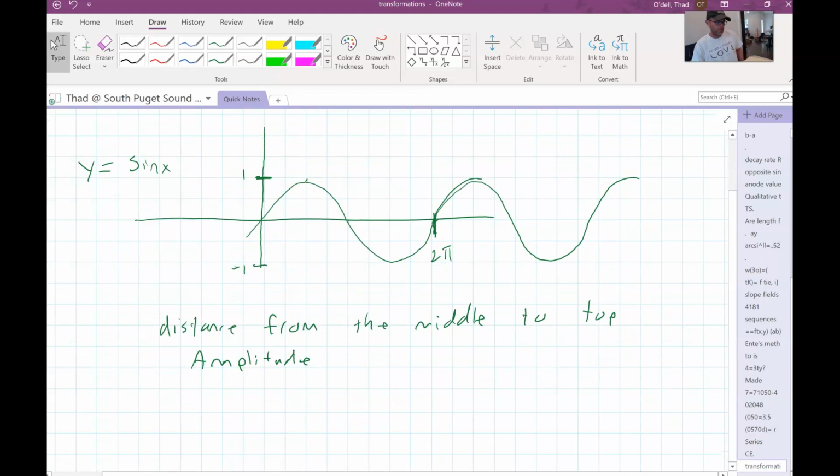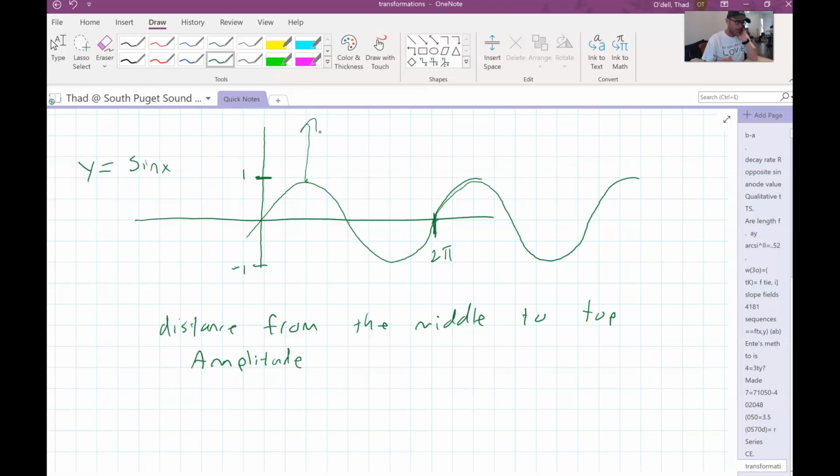Now, when we say amplitude, for example, if you think back to your pre-cal 1 days, what could make my amplitude change? In other words, what could possibly stretch this up higher? Stretch being the clue there.